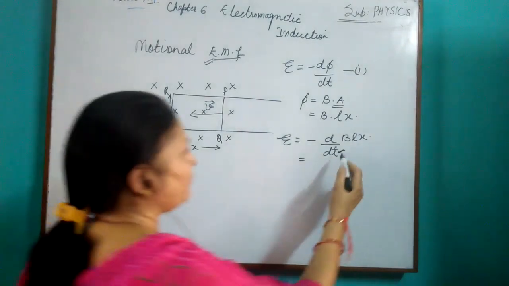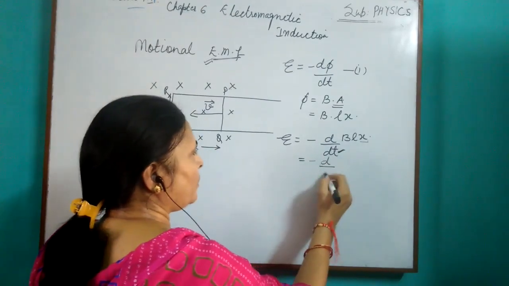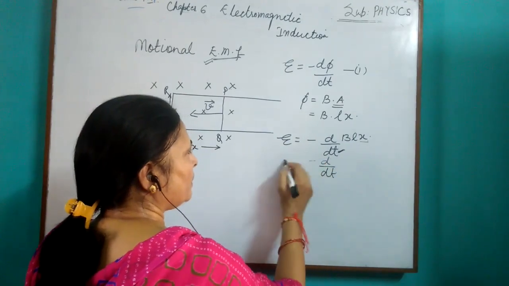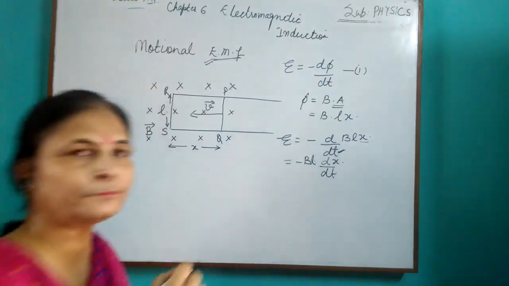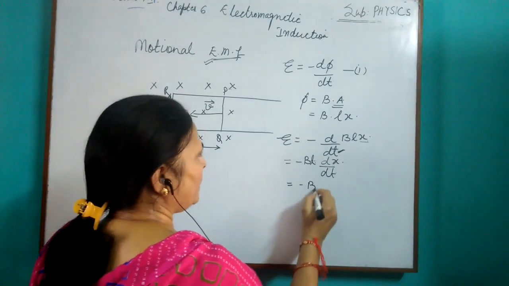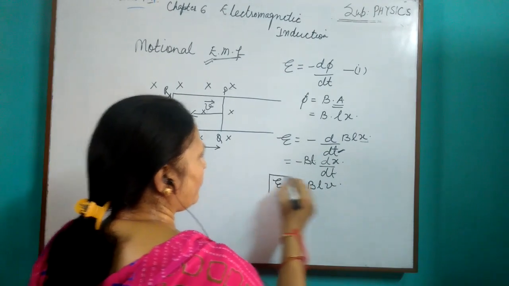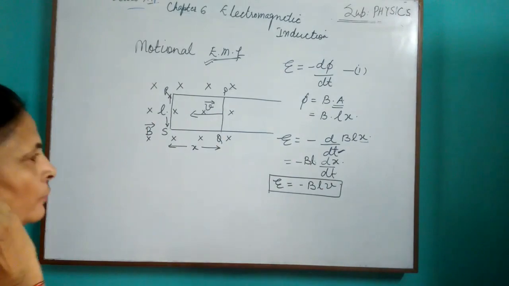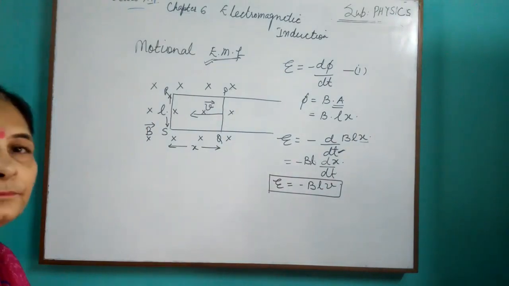So with time it is the variable X which is changing. So it will be minus BL dx by dt. So this is equal to BLV. So motional EMF is equal to BLV.